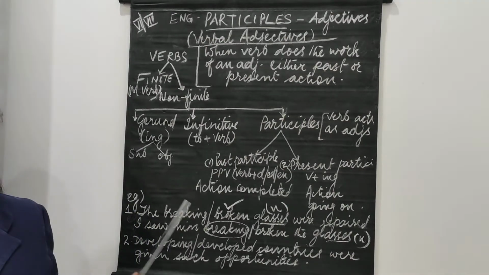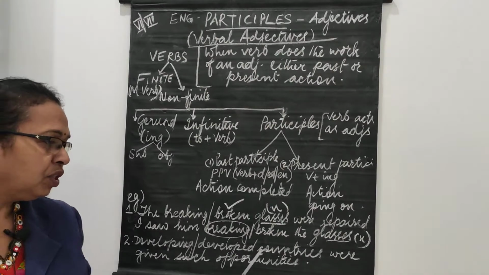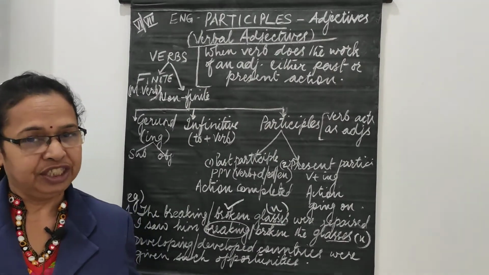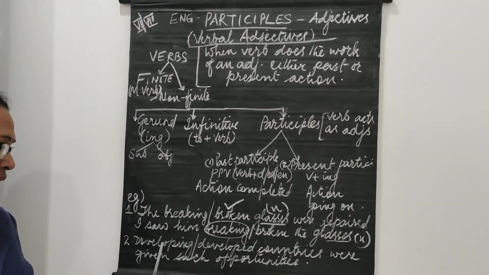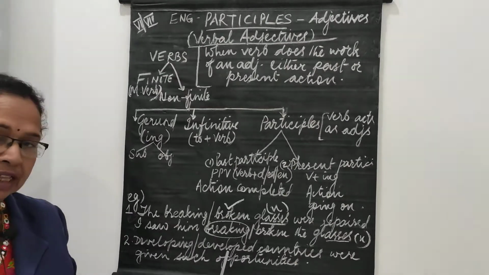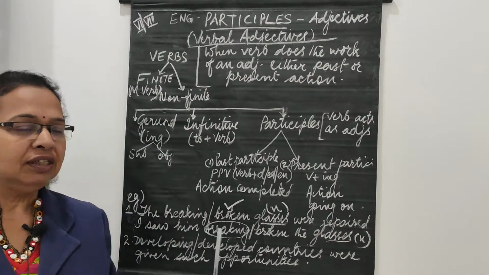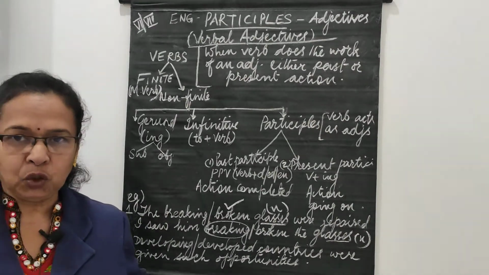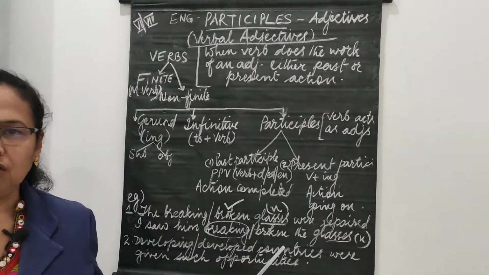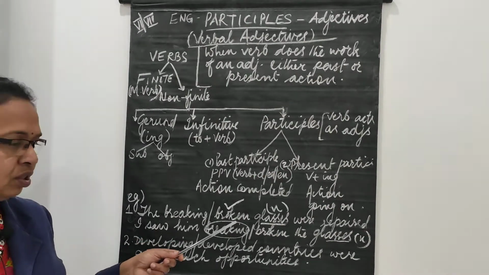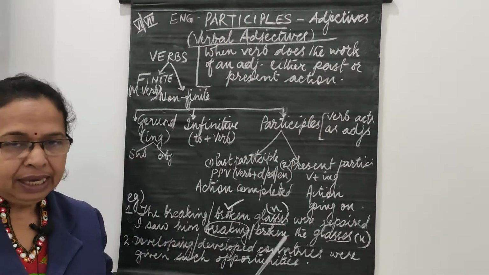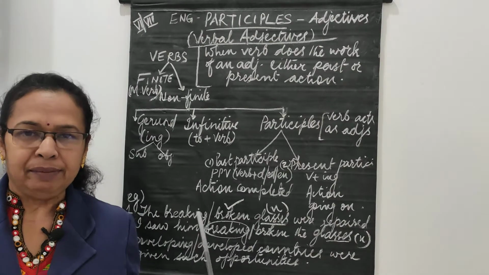If the action is complete, then developed countries were given the opportunities. So you see the difference between the present participle and the past participle, where in certain cases we can use both in a sentence depending upon the context, but in certain sentences it cannot be. So the first example shows that only one of them can be used.